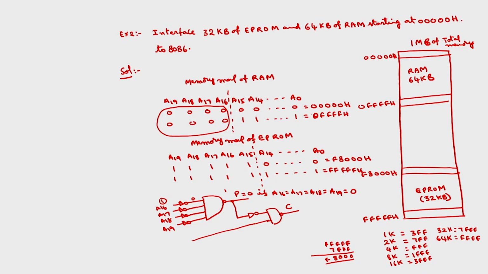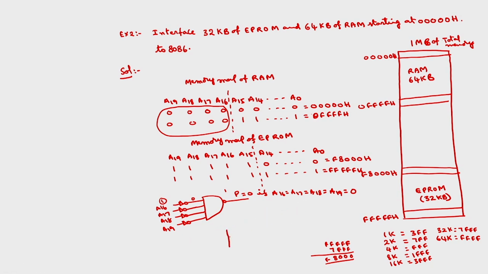When C is equal to 0, A15 to A19 are all ones. Otherwise, I will generate this C separately, instead of generating from P, in a similar manner.